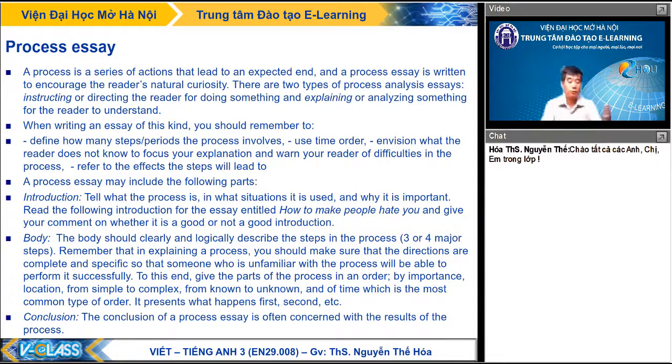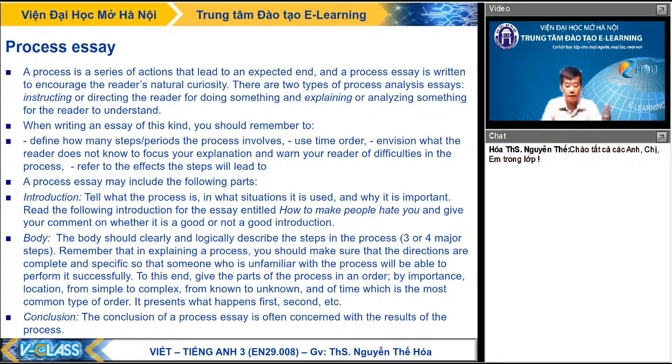So, what about the body? In the body, you might arrange a number of paragraphs, but it depends on your intention. The body should be clear and logical, to make sure that the directions are complete and specific so that someone who is unfamiliar with the process will be able to perform it successfully.